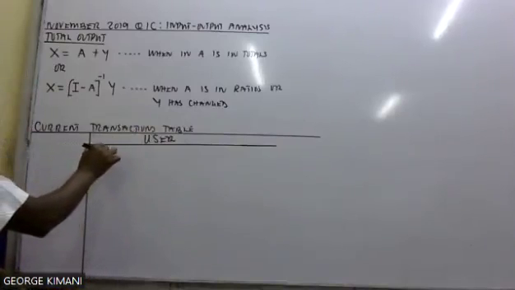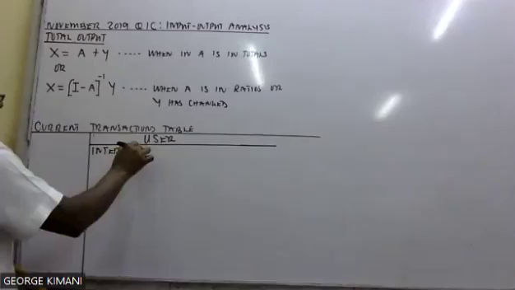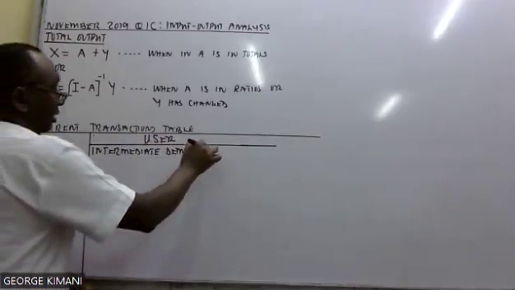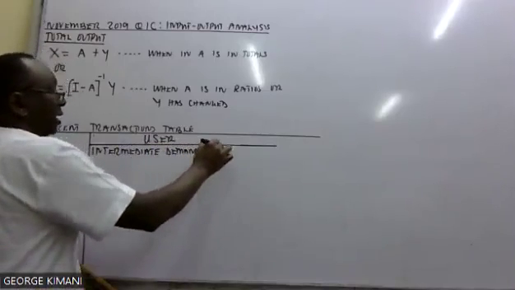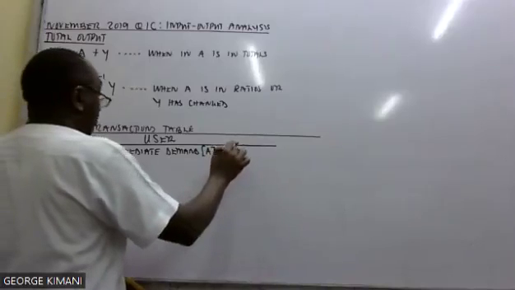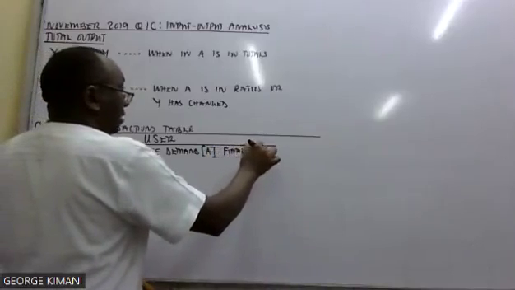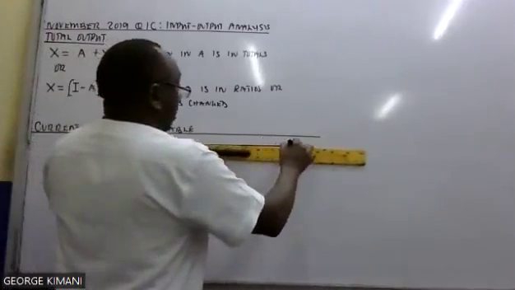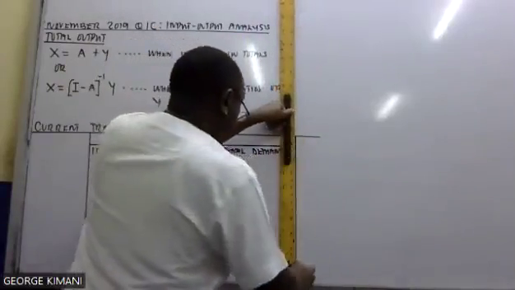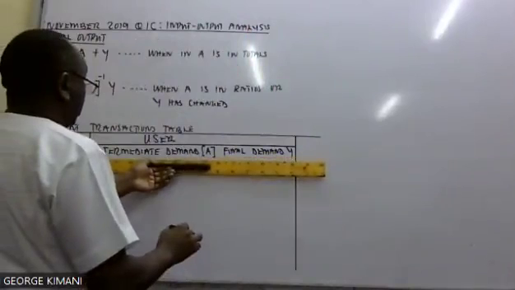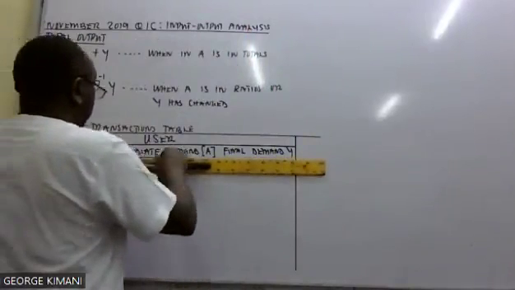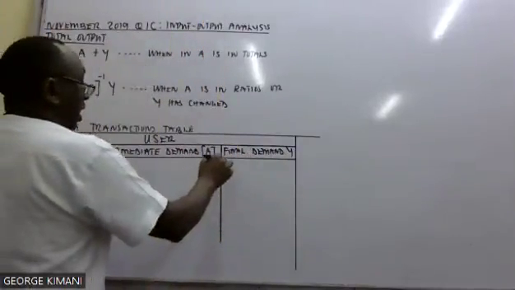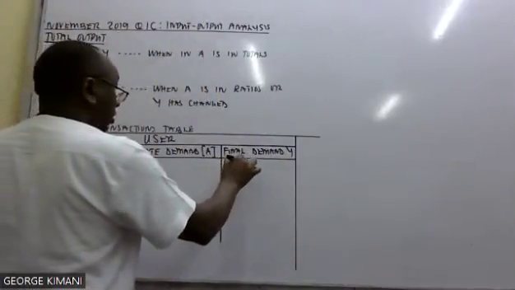We have what we call intermediate demand, which is represented by matrix A. Then we have final demand, which is represented by Y. So here we have the consumer.